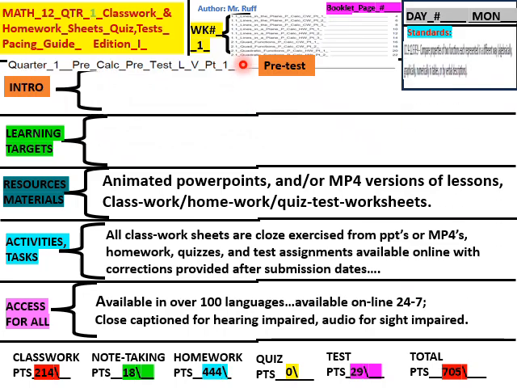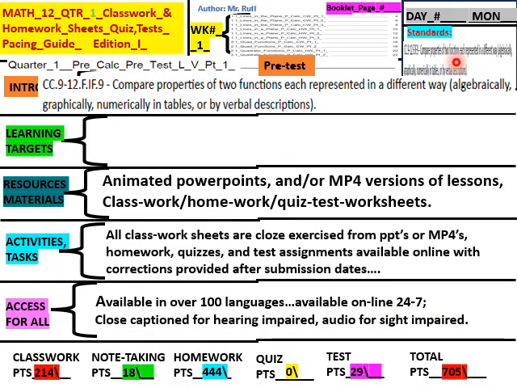And then the standards that we have here is Common Core F-IF.9, compare properties of two functions, each represented in a different way, that is algebraically, graphically, numerically, in tables or by verbal descriptions.